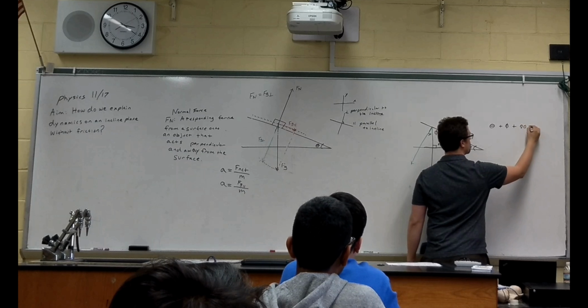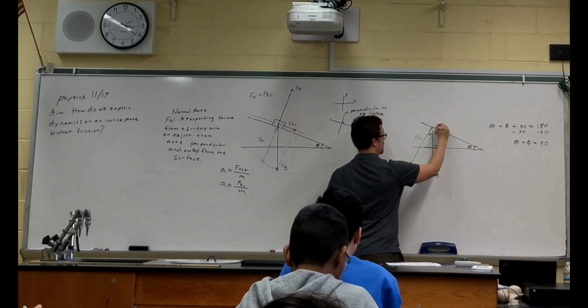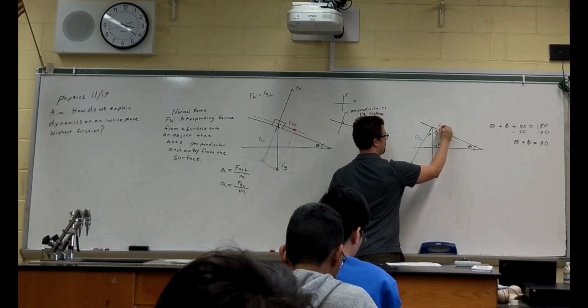And I can subtract 90 from both sides, not change anything. So I get theta plus phi is equal to 90. Everybody okay with that? And if we look over here, this force, this green line, was FG perpendicular. This red line was FG parallel.